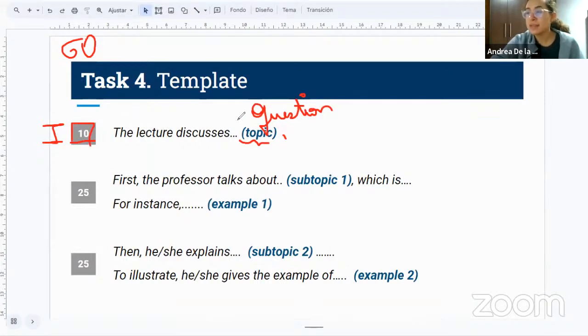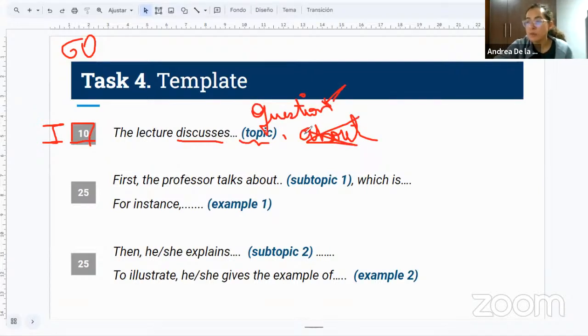The lecture discusses the two major factors of product quality. Careful, it discusses because it's conjugated in the third person. And careful with the grammar. Please don't use the word about. I don't know why, but many times we overuse the word about. So you don't have to say the lecture discusses about. No, you go directly to the topic.